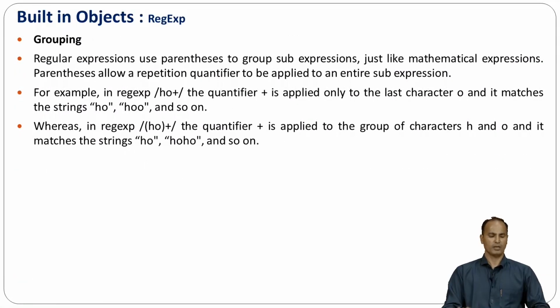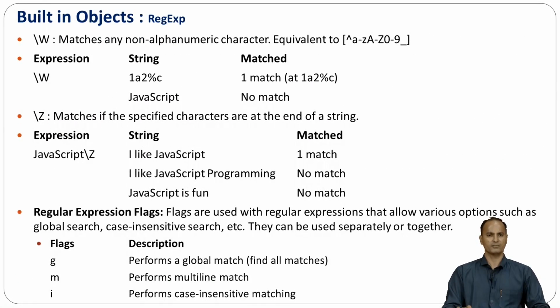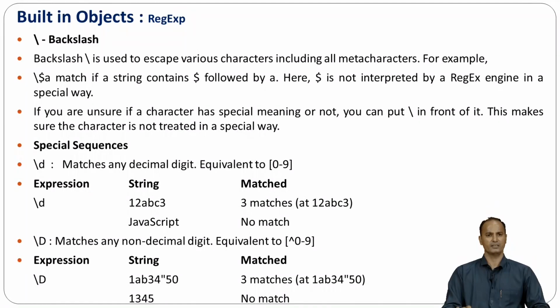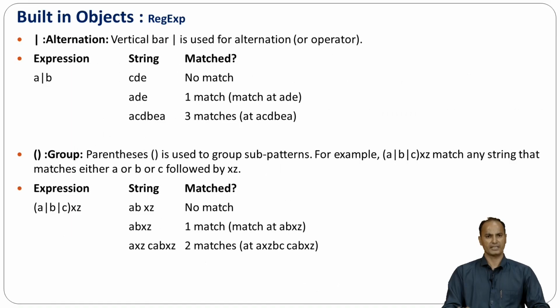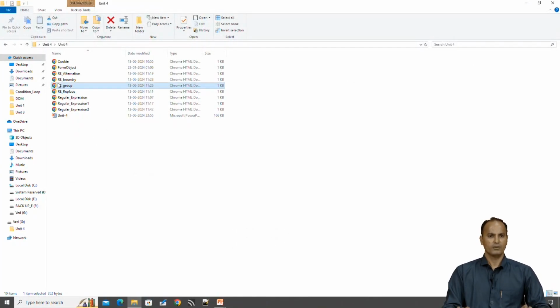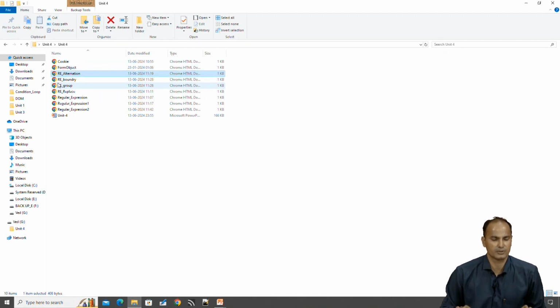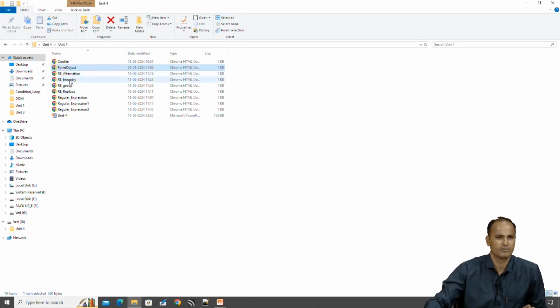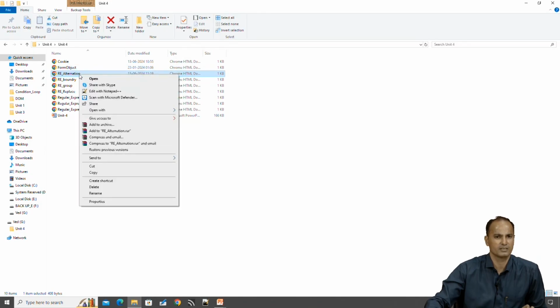So now, after learning regular expression patterns, sequences, letters and metacharacters, let's practically see the importance of regular expressions one by one, and we will understand. First, alternation; let's test it.